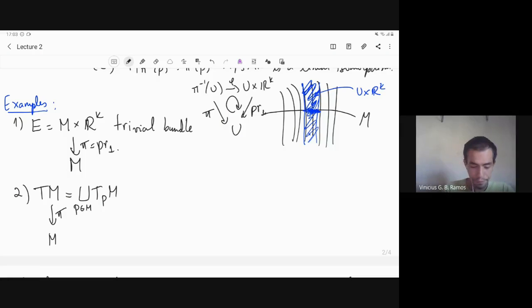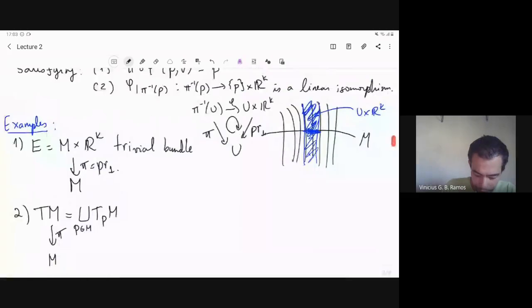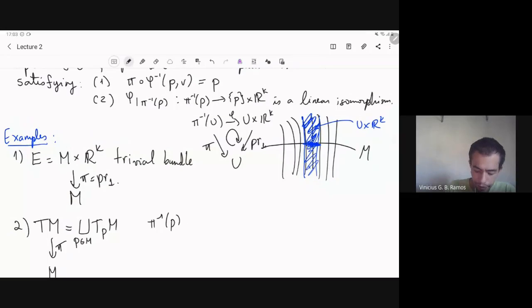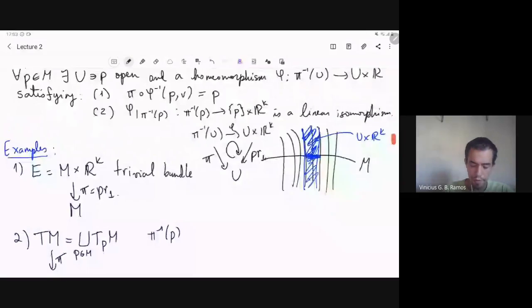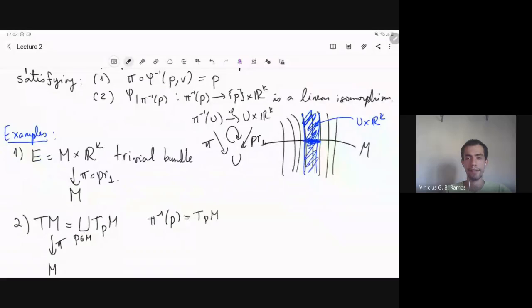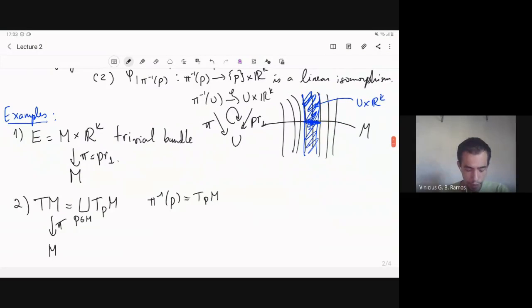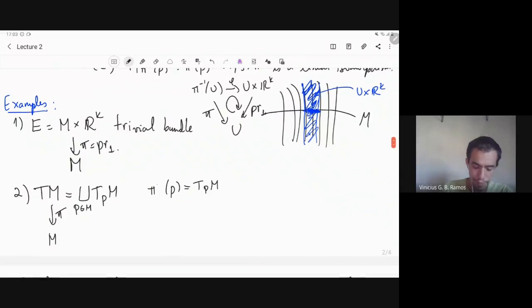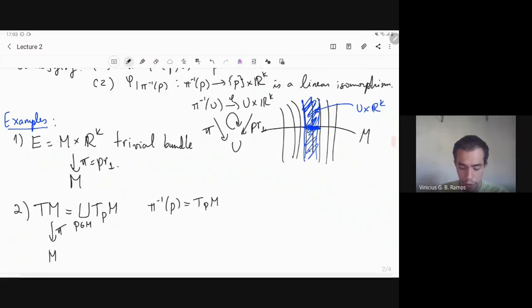Well, the first condition is that the preimage of every point p has a natural structure of a vector space. So this is just the tangent space, and we know that this has the structure of a vector space. I've said that last time, because of derivations. And then we have to check the local triviality condition.